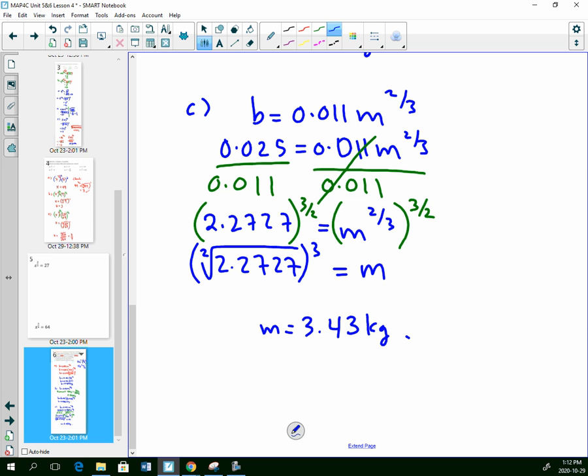So I'm going to try the other way just to make sure that I get the same answer. And I do. I still get 3.43, right? So either method is fine as long as you make sure you put brackets around that exponent. Okay, are there any questions on that?